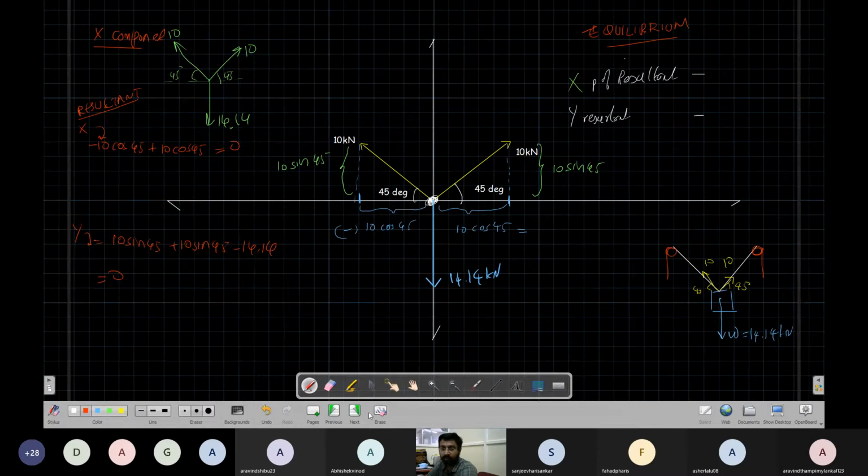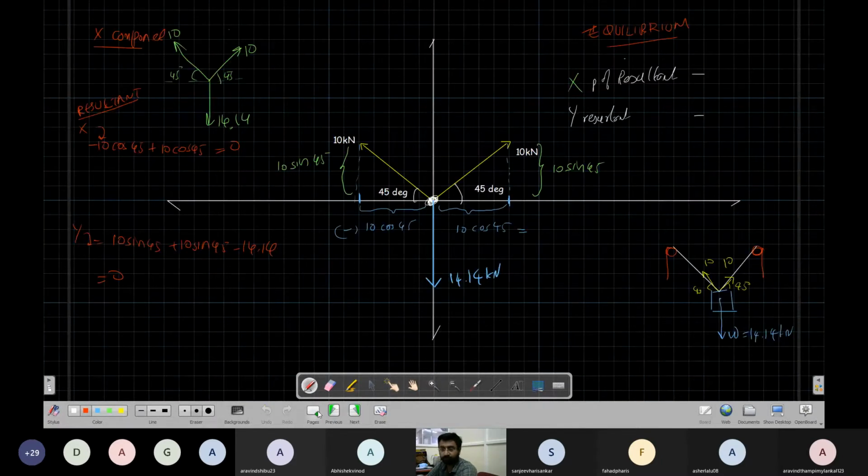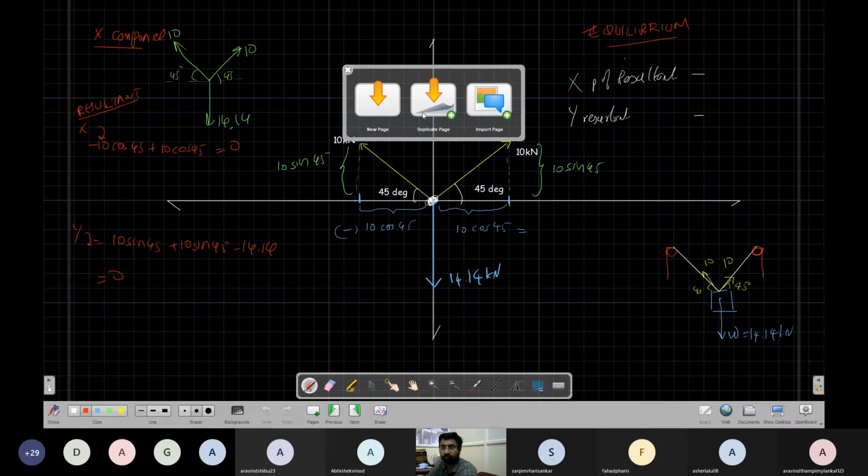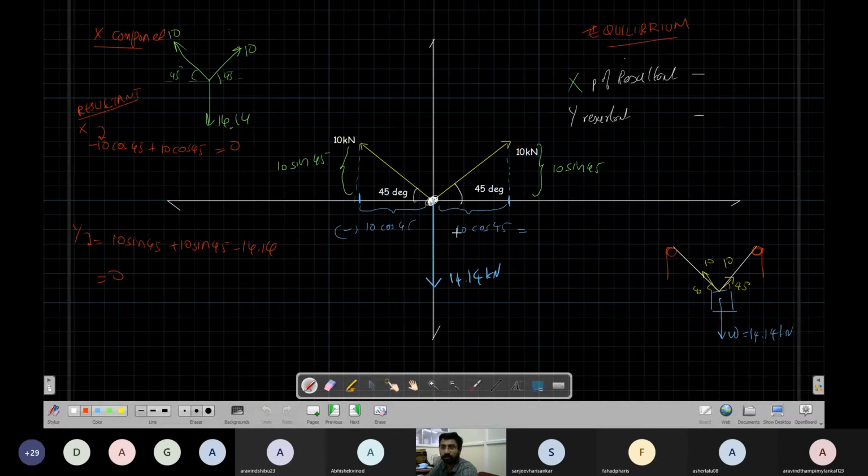Again, if I use the graphical method, that's also simpler. I'll take this force first and keep it here.